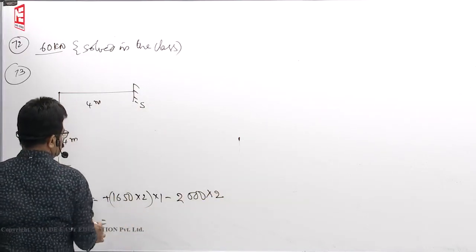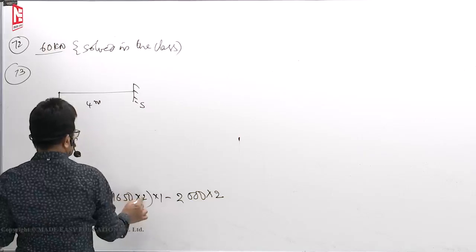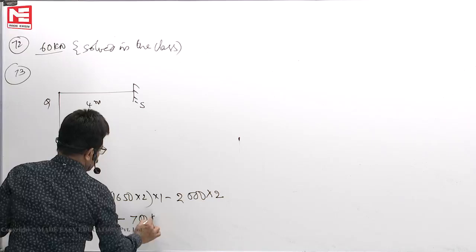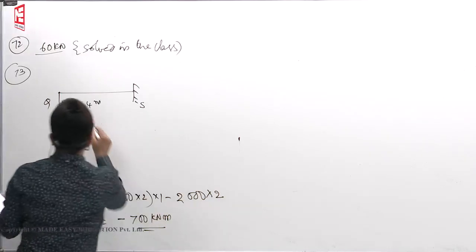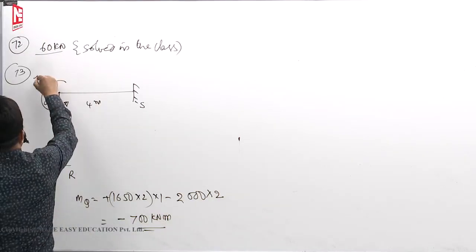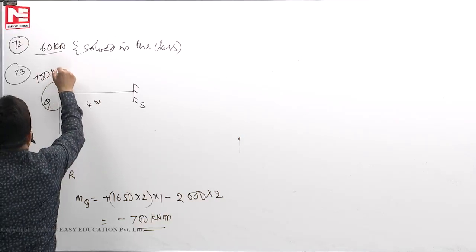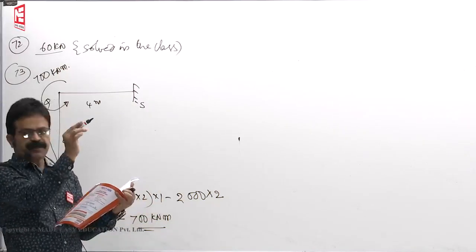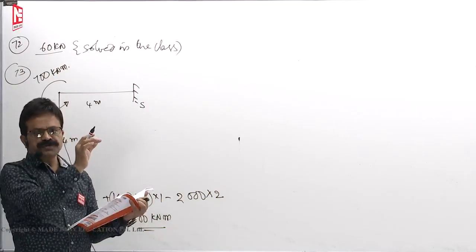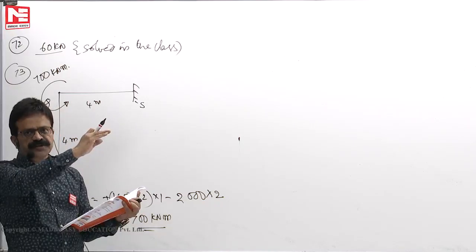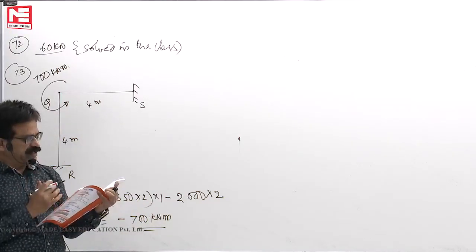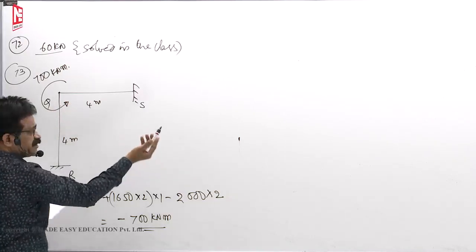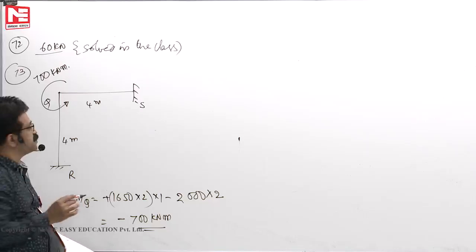So 1650 into 2, 33. So 700 minus 700 kilonewton meter. That means anti-clockwise. So net moment is 700 kilonewton meter, because the overhang, one is UDL, one is point load. Due to those two, UDL and point load, you cut the cantilever off, what it does, you show it at Q. Net force is this one. There is a reaction also, but reaction will be taken as axial force.